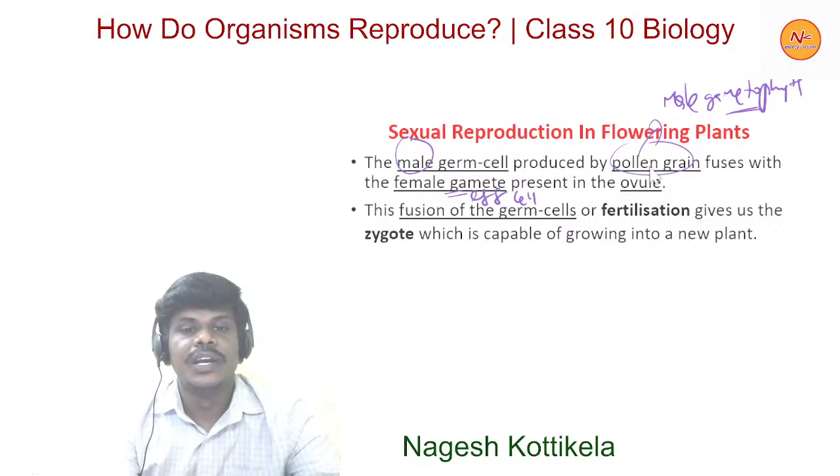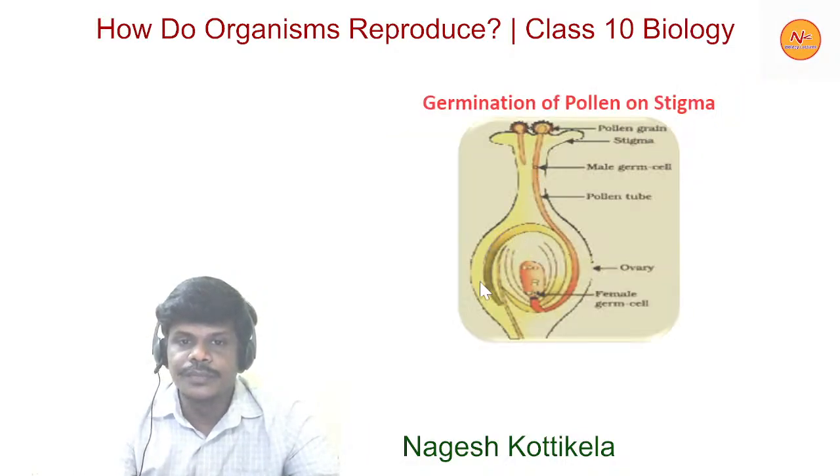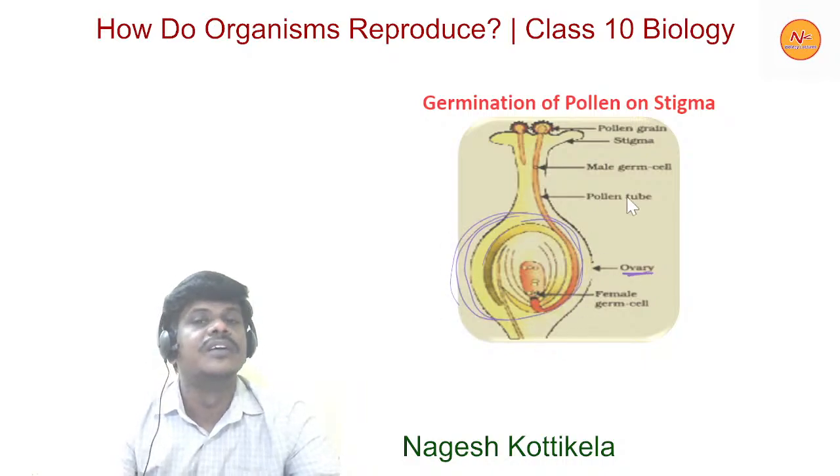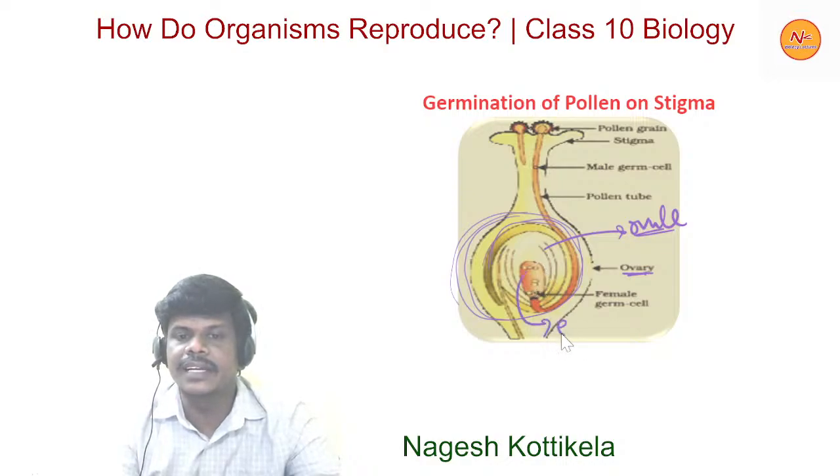Here you can see this picture. This part is the ovary, the swollen base of the pistil. Inside the ovary, ovule is present. Inside the ovule we find the embryo sac.